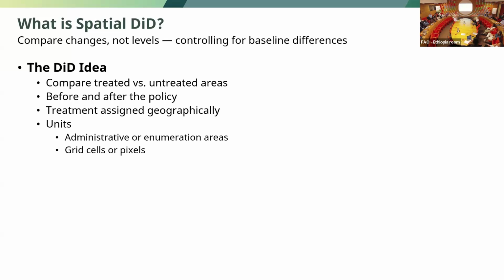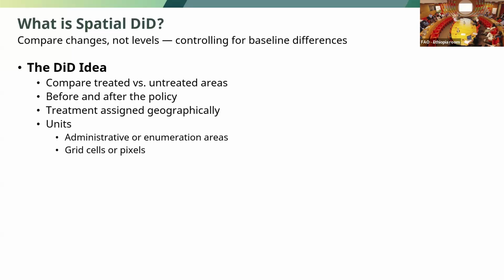We want to measure the differential growth rate between a treated and control area, so we're able to control for baseline differences. The general idea, as in any impact evaluation, is comparing treated and control, and the diff-in-diff adds the idea of comparing before and after the policy.